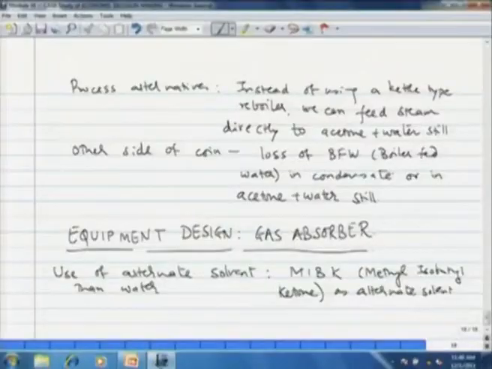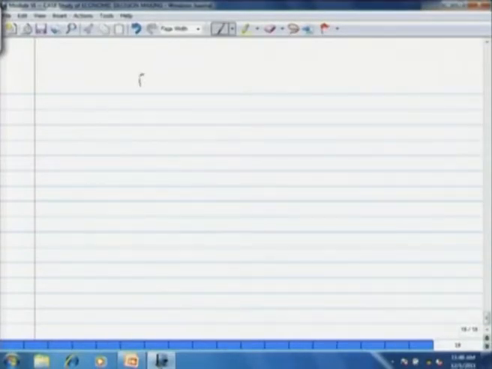Now, that loss again can be estimated from vapor liquid equilibrium, like the basic relation phi PT YS equal to gamma S PVS into XS, where S denotes solute, which is presently the acetone, and PT is the total pressure of the system, PV is the vapor pressure, gamma is activity coefficient, X and Y are mole fraction in liquid and gas respectively.